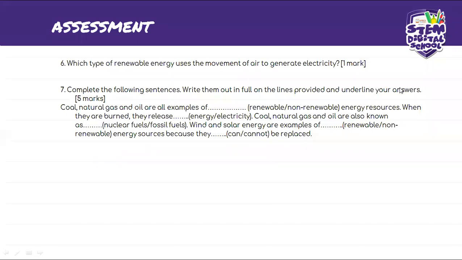Should we check our corrections to see whether we are on the right path? Guys, should I share my answers with you so that you can see if you are done?